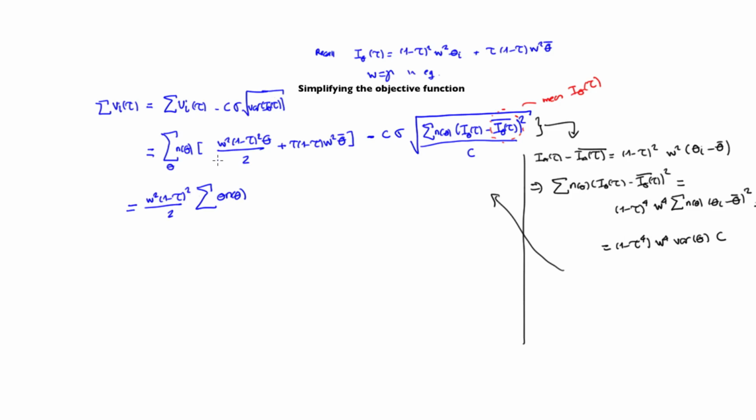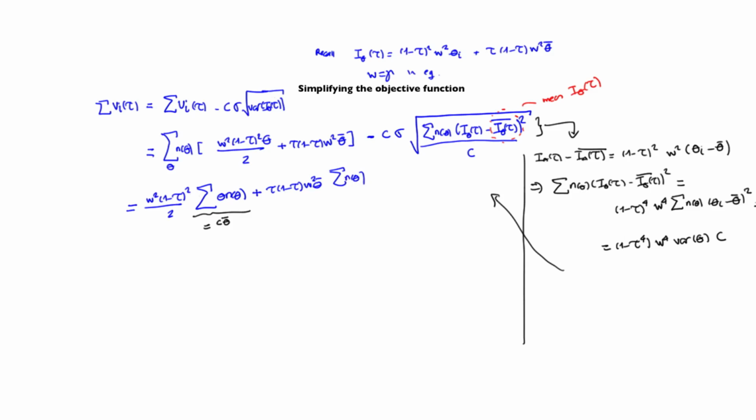This is just this first term. But think about what this is. This is just equal to c times theta bar, the mean theta, times the number of consumers, plus tau (1 minus tau) w square theta bar times the sum of n theta.